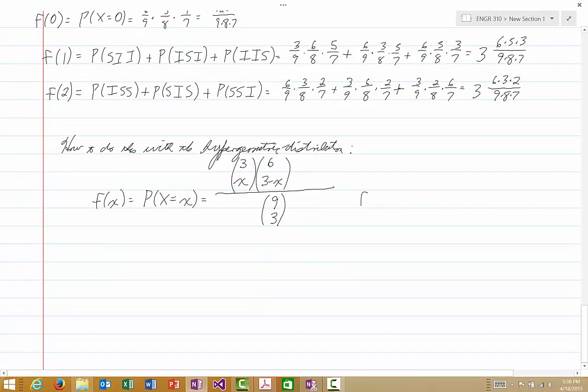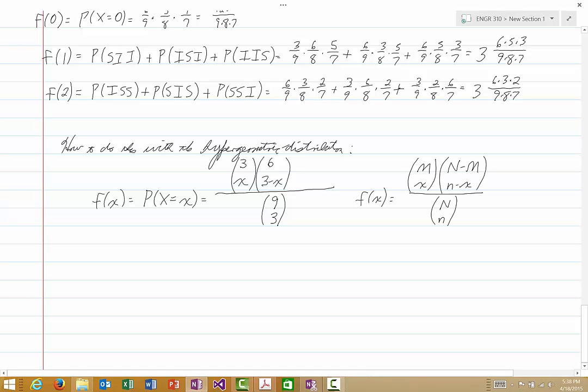It says f of little x is equal to capital M choose x, times capital N minus capital M choose little n minus x, divided by capital N choose little n.